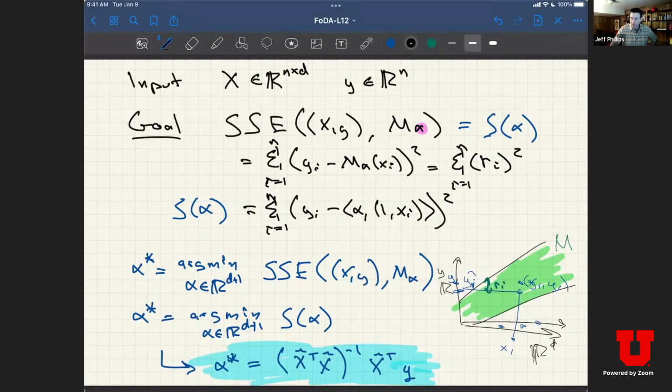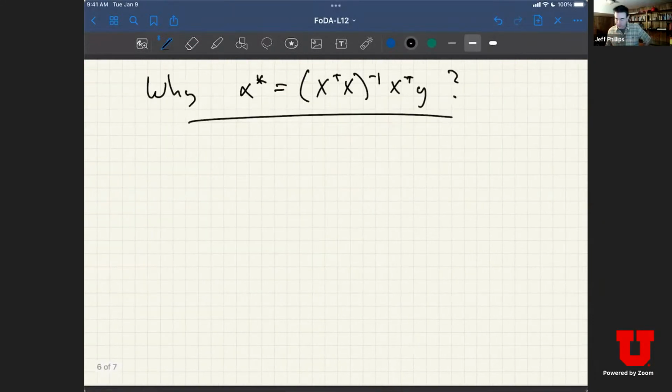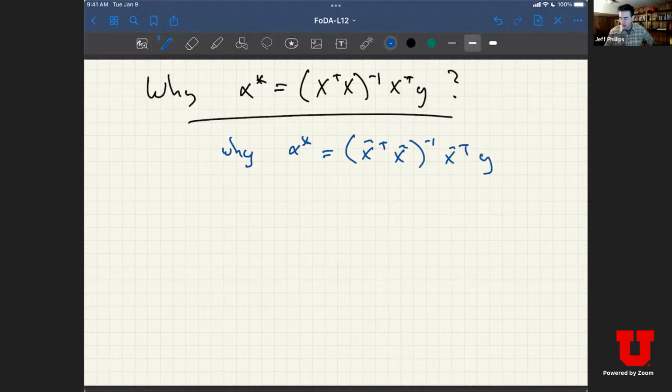Oh, okay, yeah. So we went from x to x tilde. I could have easily written y as alpha star equal to (x tilde transpose x tilde) inverse x tilde transpose y. I just dropped the tilde because it's kind of messy to write.